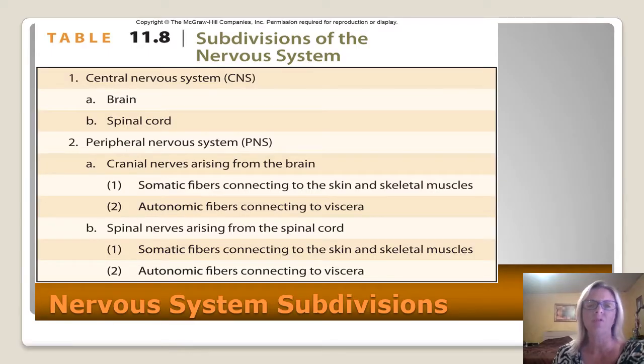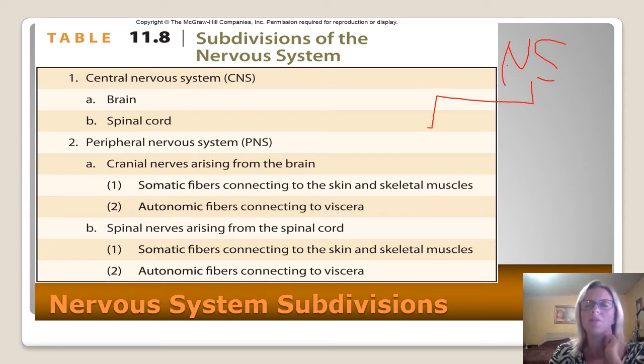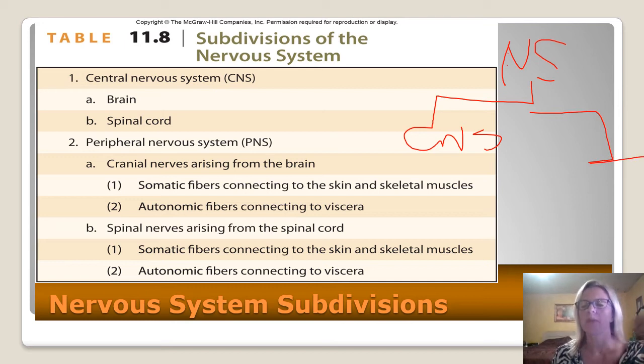Alright, so this is a good overview slide here that I would definitely try to draw out and make into a diagram that you memorize. So you could start with the nervous system at the top, and then branch it out to central nervous system, and then peripheral, and then break it down from there and commit that to memory.